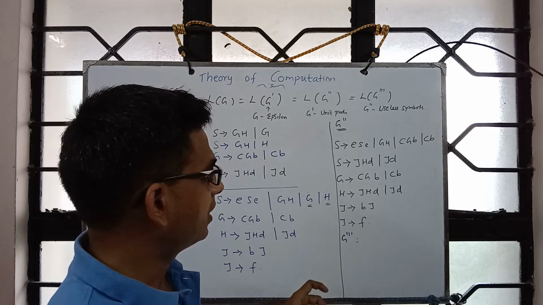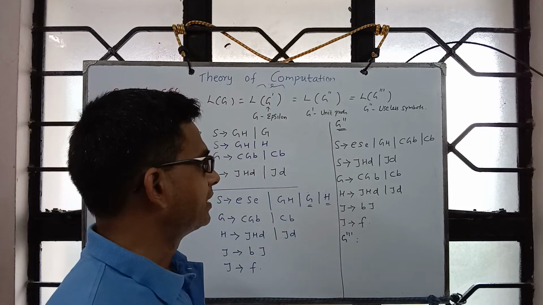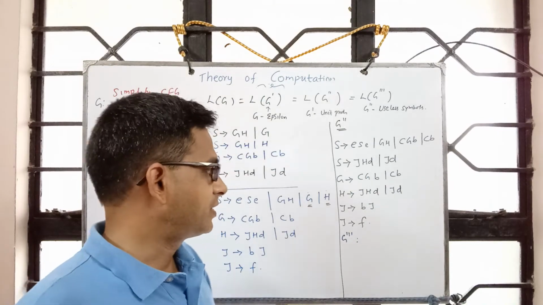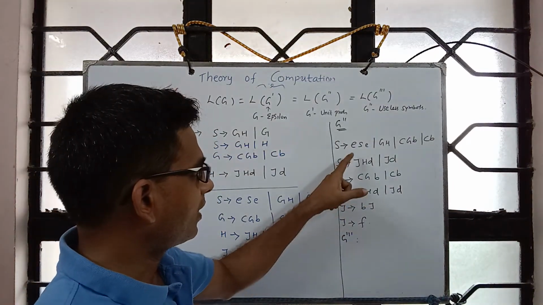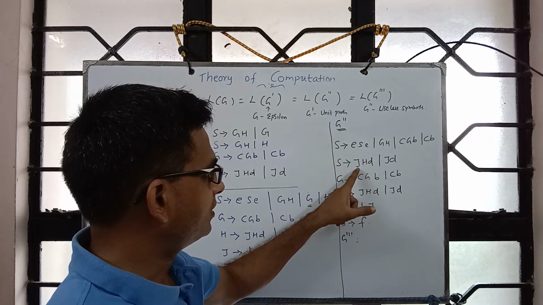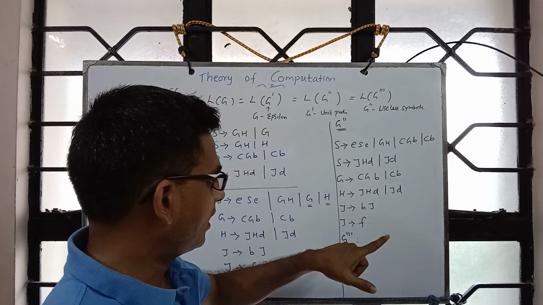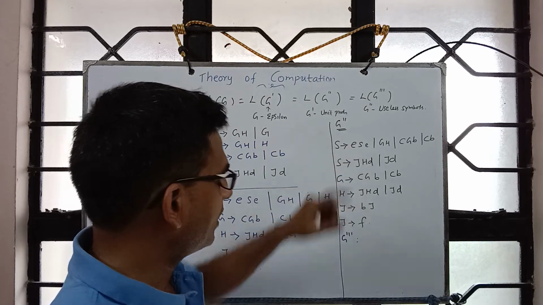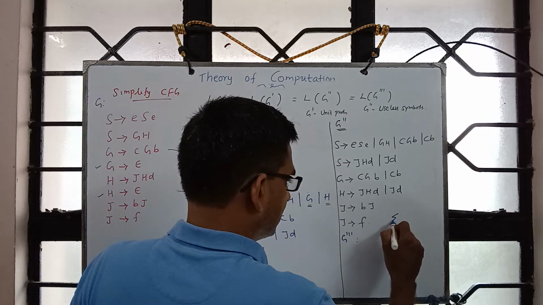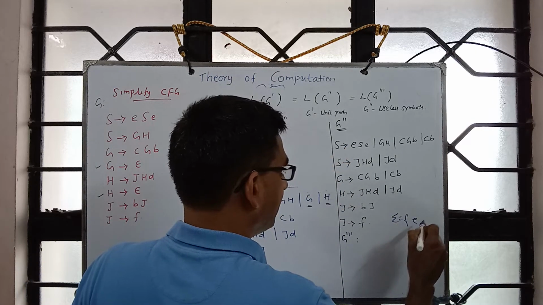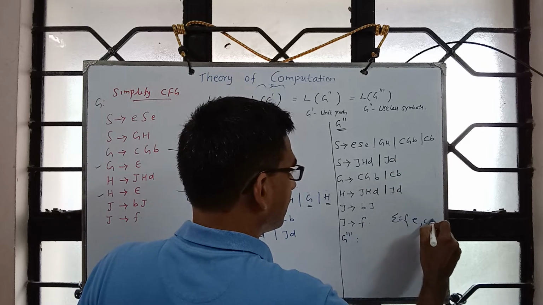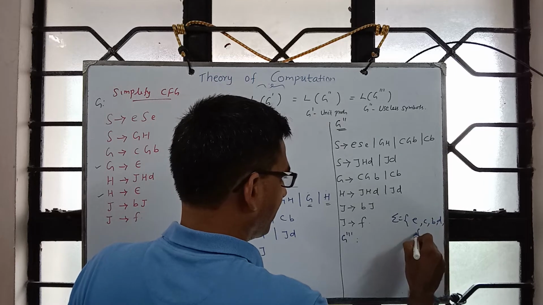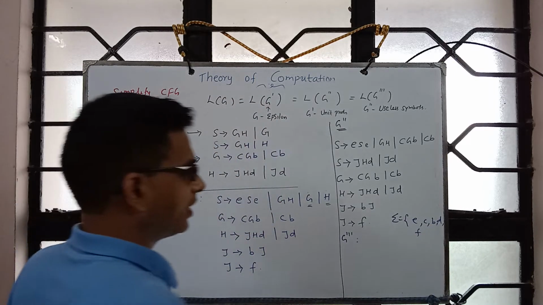So which means if you start from S, we will always generate a string over E, J, and J is a non-terminal, so over sigma is E, C, B, D, F. Correct?